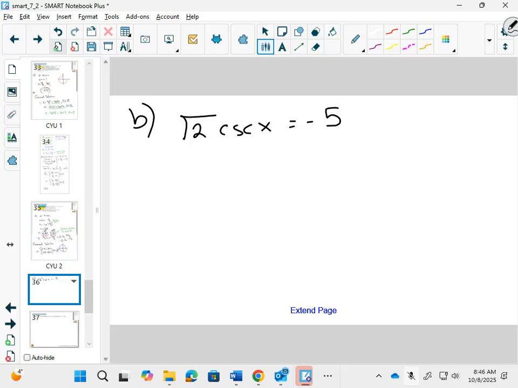So again, I'm solving for x. It's inside cosecant. So I can get cosecant x by itself by dividing both sides by the square root of 2.